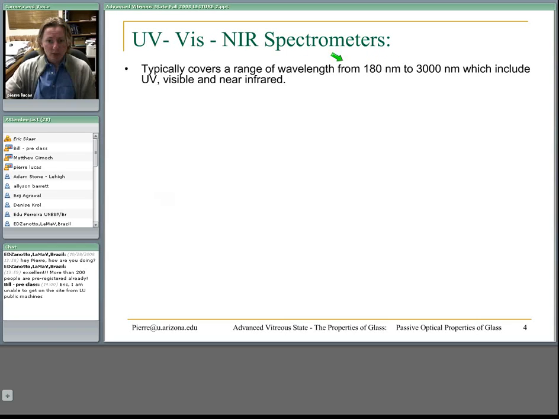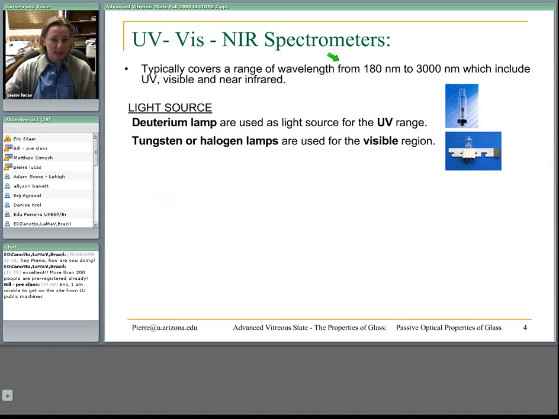We want to scan that entire range. So, again, we're going to need a light source. To scan that whole range, there is no single light source which is efficient over the whole range, so we'll actually need two light sources.